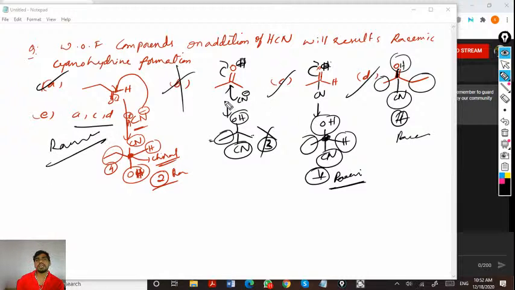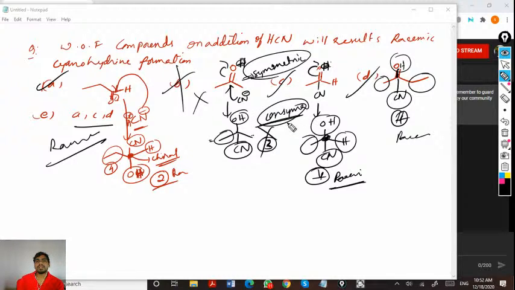Okay. So B will not. When the carbonyl has the same group on both sides, it is said to be symmetrical because both sides are the same. So when a carbonyl is unsymmetrical, it will give a racemic mixture. Is it clear?